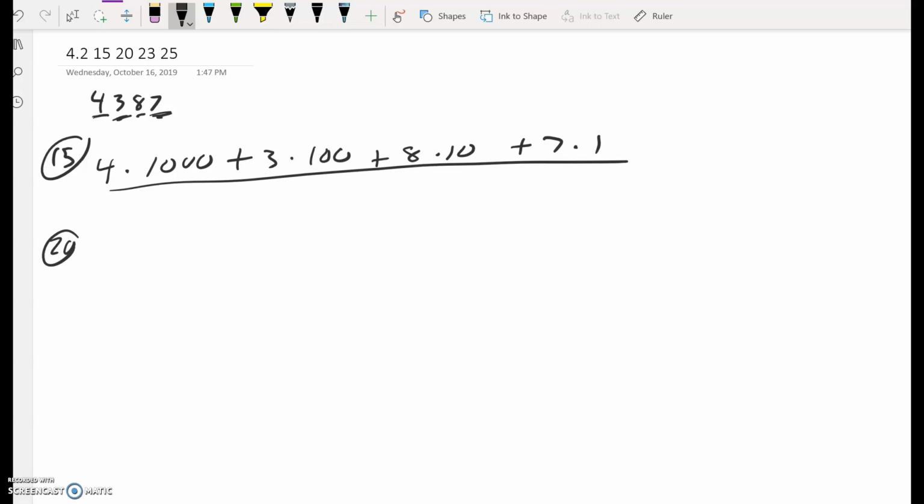Let's go on to problem number 20. It is... and we're supposed to write it out in expanded notation.